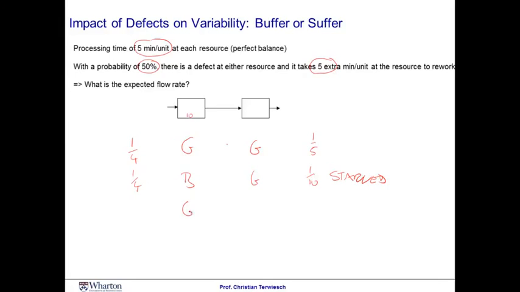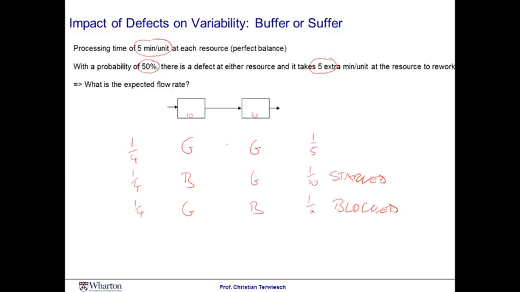Now, the opposite can happen of course as well. The second step messes up. The first one operates correctly. Again, that happens with a probability of 1 over 4. And in this case, you notice that the first step doesn't have any place to put the flow unit, right? Because these guys are still working on the flow unit. And so we say in this case, the first resource is blocked.